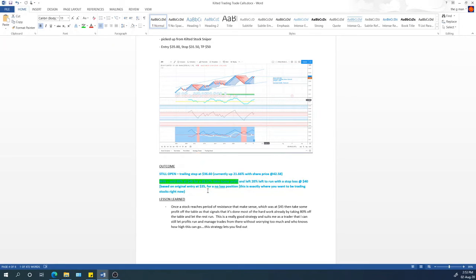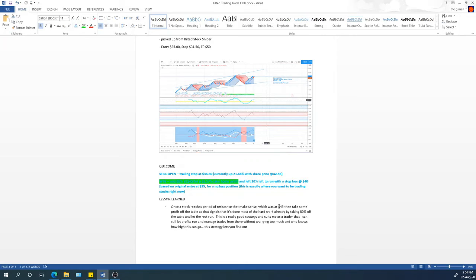And I've just made some comments down here for myself as well, that this is exactly the position you want to be in, where you have your run, it gets to a really quite strong resistance level, which we had here. Take some profit off the table, move your stop, manage the trade, leave 20% on and just let it run.